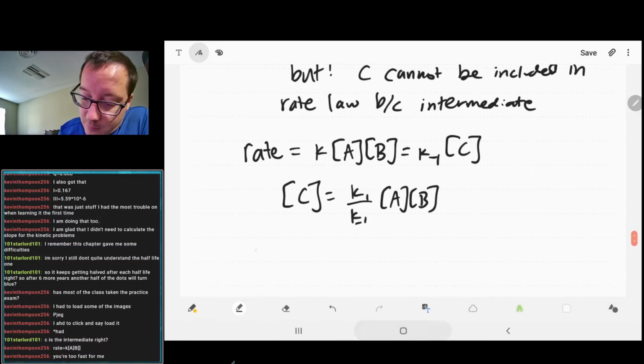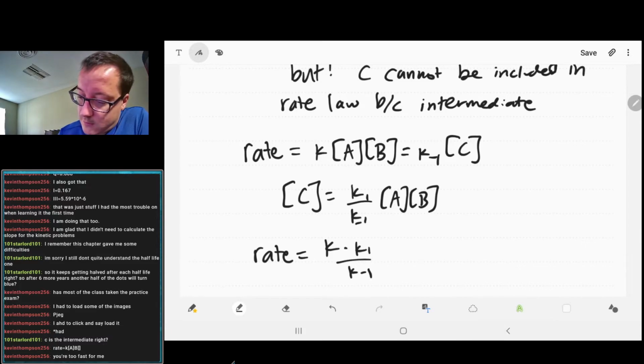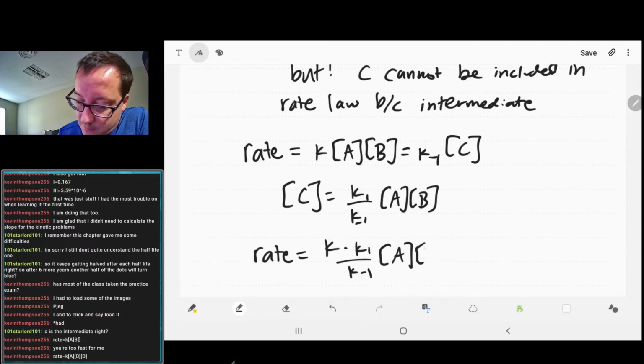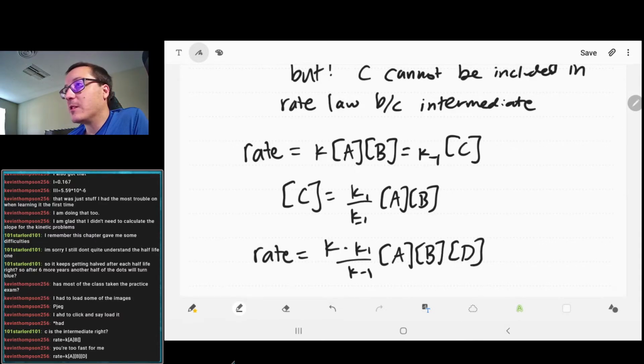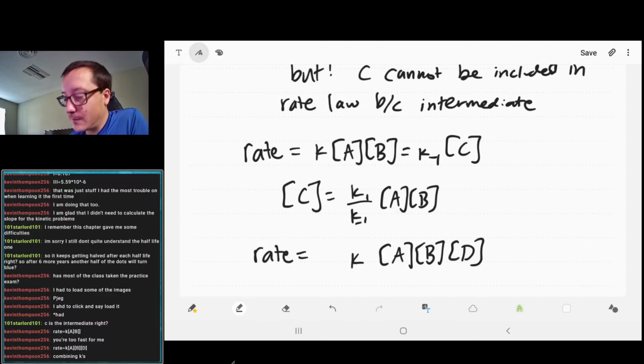So we would end up with our overall one being rate times K times K1 over K negative 1 times A times B times D. And of course, we just get rid of all this and replace it with a new K. And so, yes, indeed, we would end up with K A B D for our rate, exactly, combining the Ks. So, perfect.